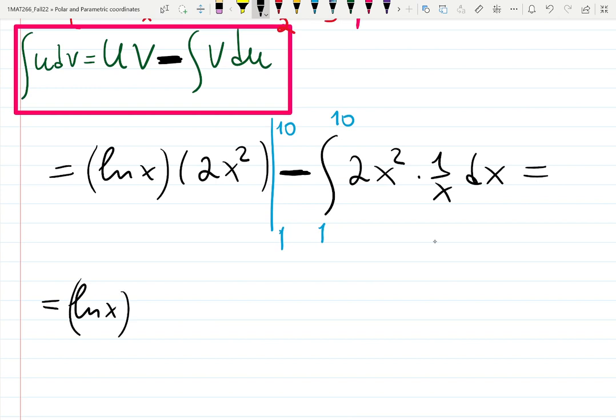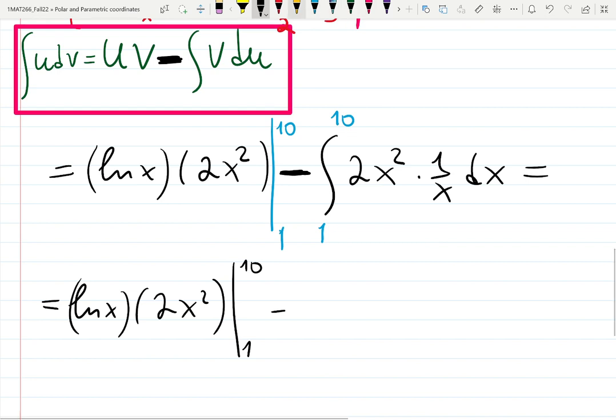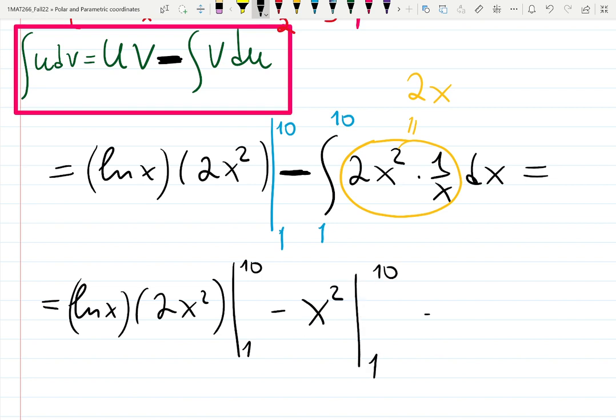ln x times 2x squared from 1 to 10, minus, simplifying everything inside the second integral and hoping for the best, 2x. Nice. It's just the integral of 2x. The integral of 2x is 2x squared over 2, which is just x squared. So I will have x squared from 1 to 10. Now I can plug in 1 and 10 everywhere.